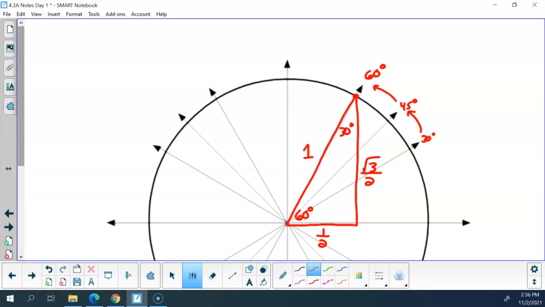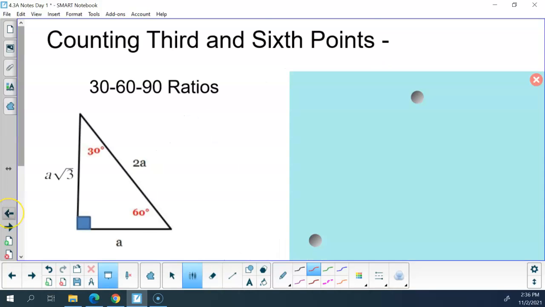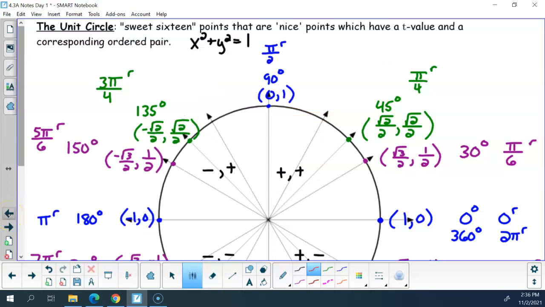So what would the coordinates of that point be? 1/2, square root of 3/2. So they just flip-flop. The x and the y flip-flop. So then the only thing that we have left is what is the radian measure? Pi/3.